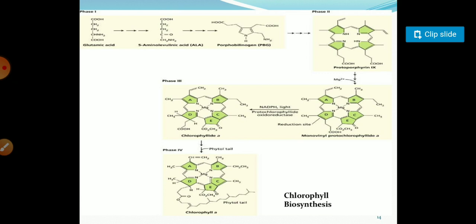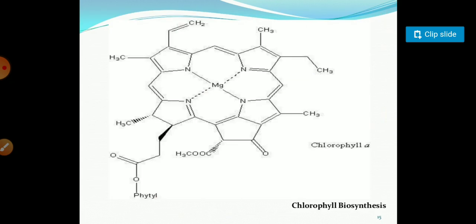It is converted into the 4-nitrogen PBG, then into protoporphyrin IX, and it will convert further into monovinyl protochlorophyllide A. Now in the presence of NADPH and under light, it will convert into chlorophyll A, and in the presence of phytol it is converted into chlorophyll A. So this is the structure of chlorophyll A.